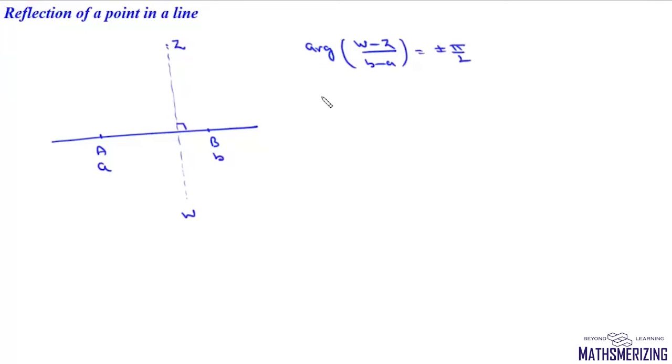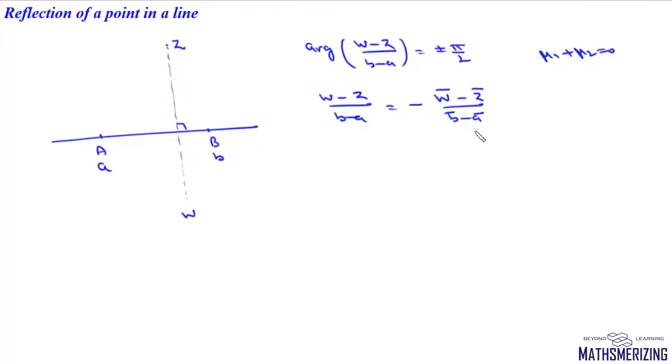So we can write (W minus Z) upon (B minus A) will be minus (W bar minus Z bar) upon (B bar minus A bar). We'll get the same condition from complex slopes also. We can write mu1 plus mu2 equals 0. We'll end up getting the same condition.